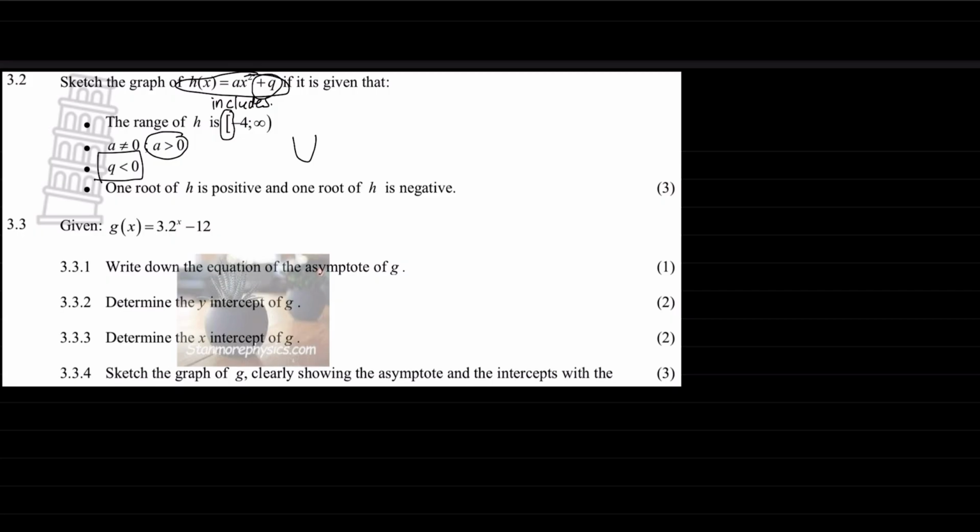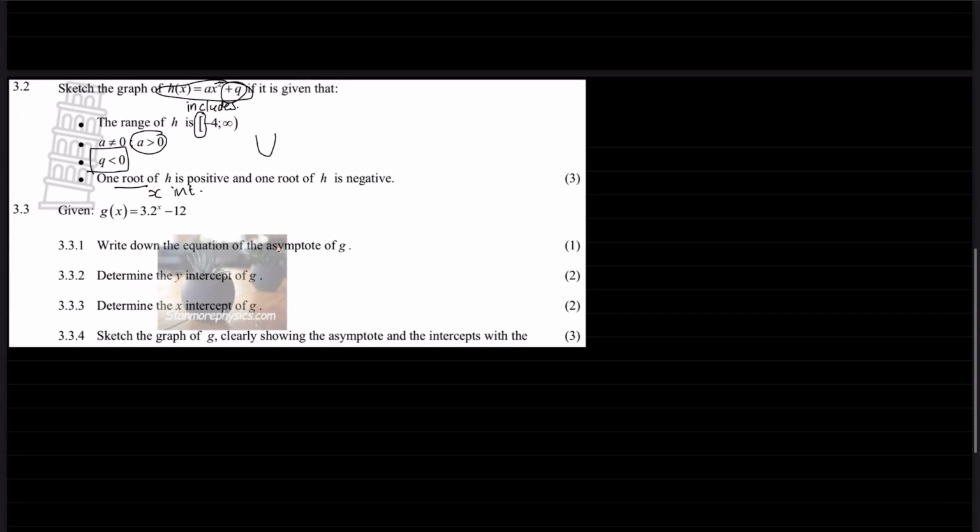Next, they tell me that 1 root of h is positive and 1 root of h is negative. Roots mean x-intercepts. All right, so let's start. We'll sketch our Cartesian plane. That's the x-axis, that's the y-axis.